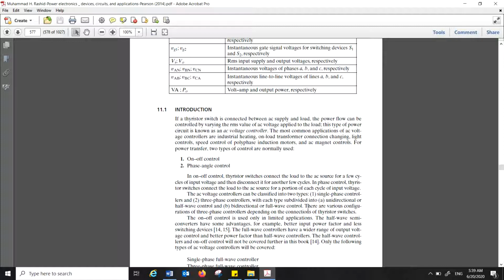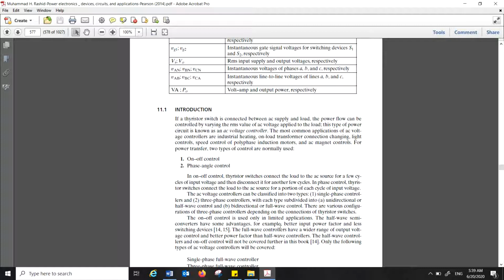There are various configurations of the three-phase controller depending on the connection of the thyristors, like delta and star. You know the star. We'll discuss this in detail in the lectures, as in the case of rectifiers.